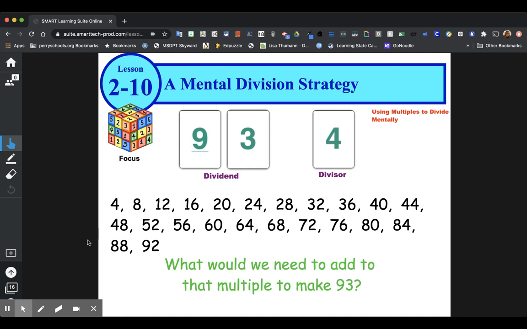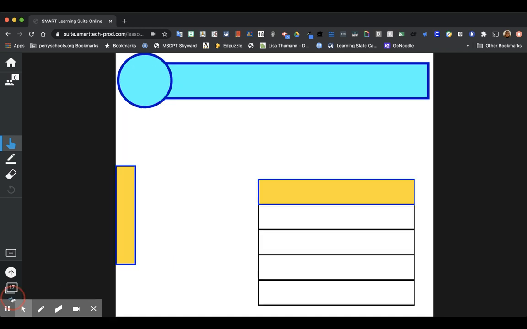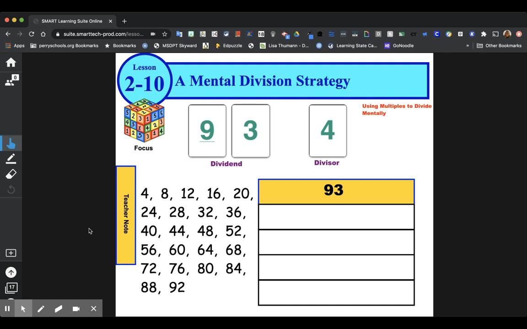So what would we need? Like we just said, we would just need to add 1. So there's different ways that we can come up with the answer to this. We can look at this and say, all right, well, I know that I can do 4 times 10, and I'm going to put that in parentheses. Plus, we want to get to the 92, so we're only at 40.